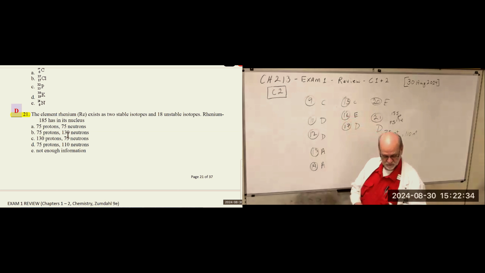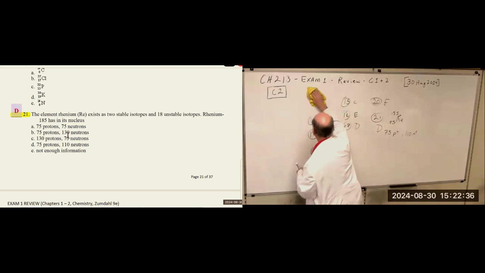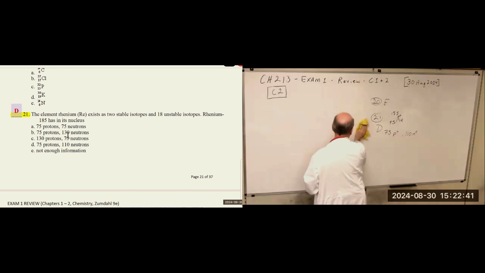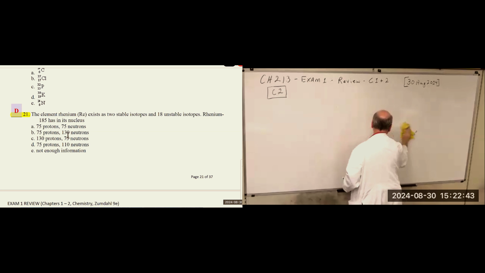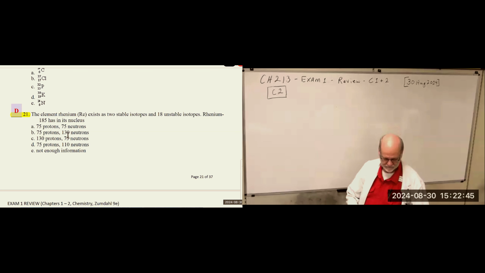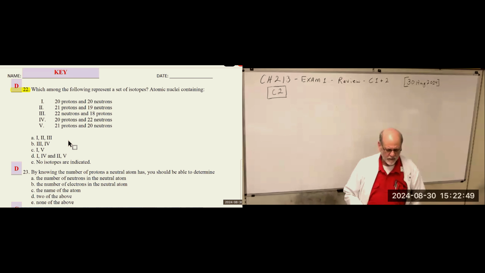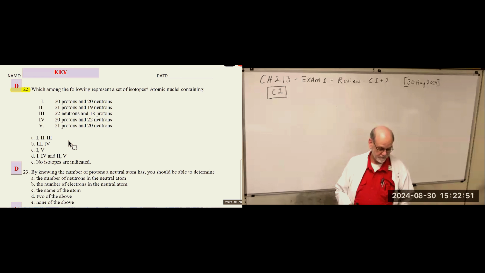All right, let me make some room here. Point 2, which of the following represents a set of isotopes? Okay. So in order to have isotopes, you've got to have the same element, same number of protons, but different neutrons.